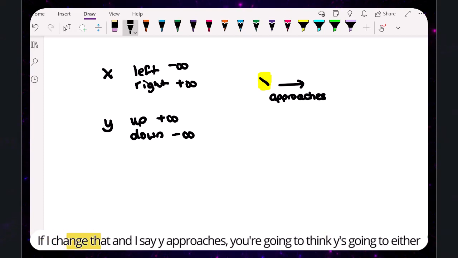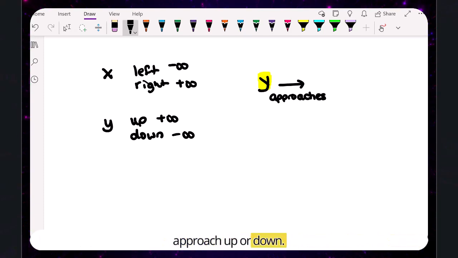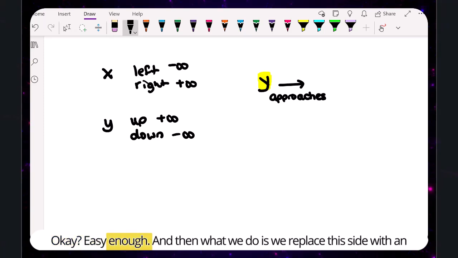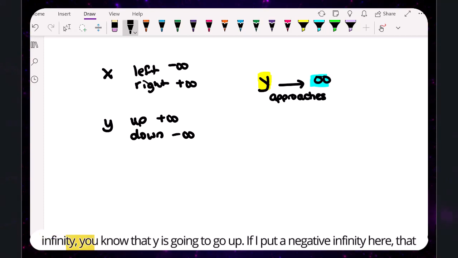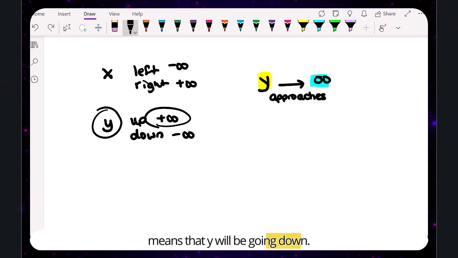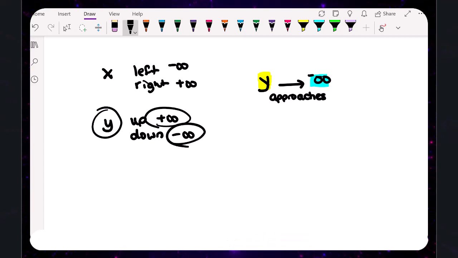If I change that and I say Y approaches, you're going to think Y is going to approach up or down. Okay? Easy enough. And then we replace this side with an infinity. It's going to be either positive or negative infinity. So if I put positive infinity, you know that Y is going to go up. If I put a negative infinity here, that means that Y will be going down.